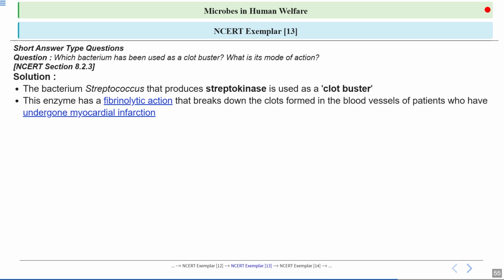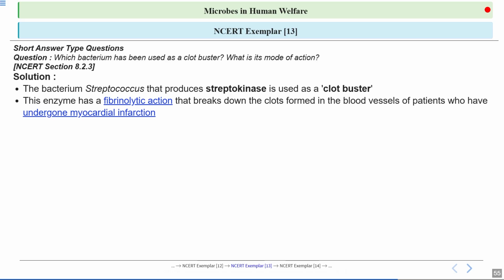Now, this enzyme has a fibrinolytic action, meaning it breaks down fibrin, which is the main protein that forms the mesh of the blood clot. It breaks down the clots formed in the blood vessels of patients who have undergone myocardial infarction.